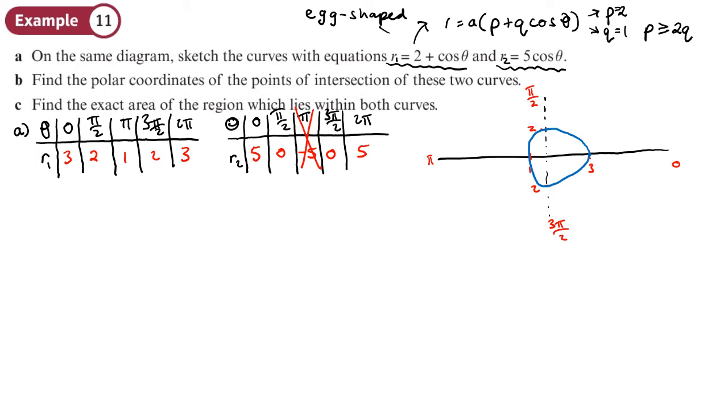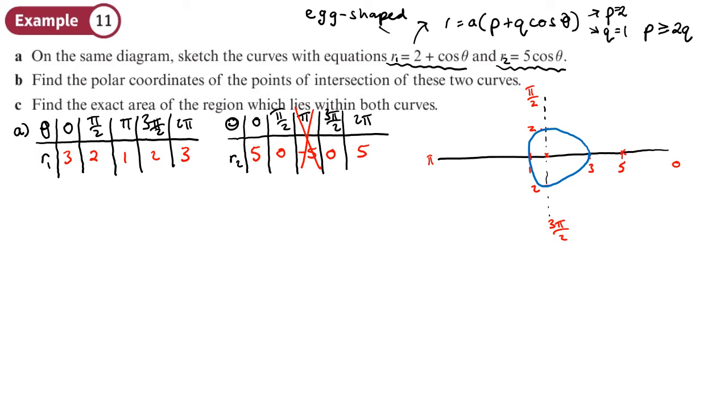Okay, and let's do the same for the second one. I'll do this in a different colour. So we start at 5 when it's 0. So 5 here. At pi over 2 it's 0. Okay, so it's going to be here, so we leave pi. At 3 pi over 2 it's 0, and then we're back to 5 again at the end.